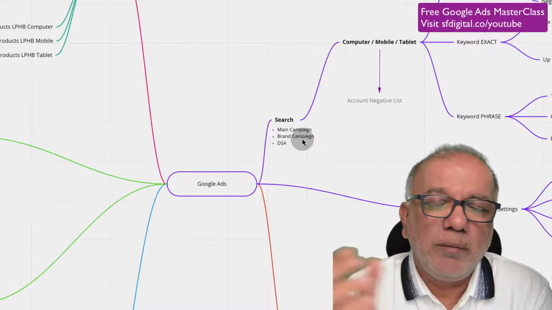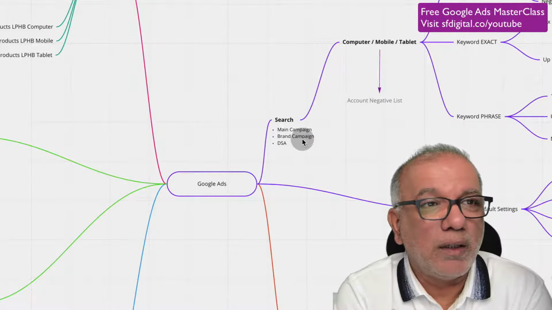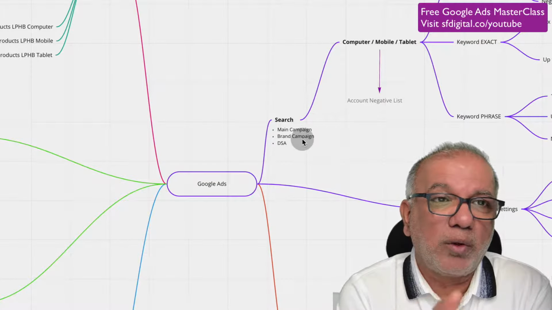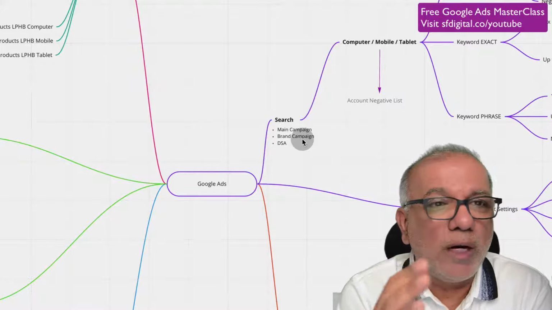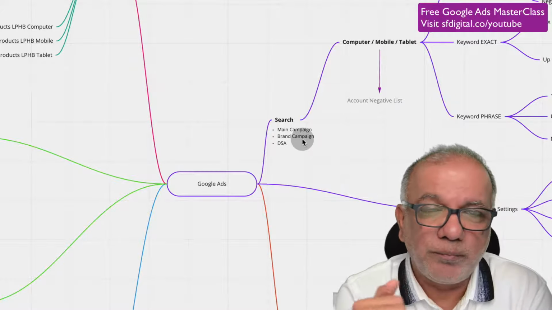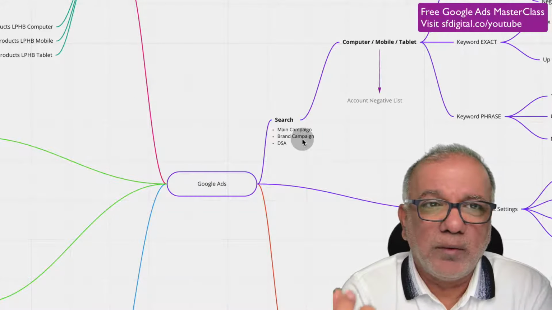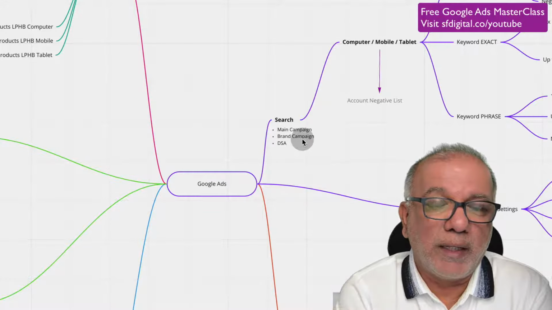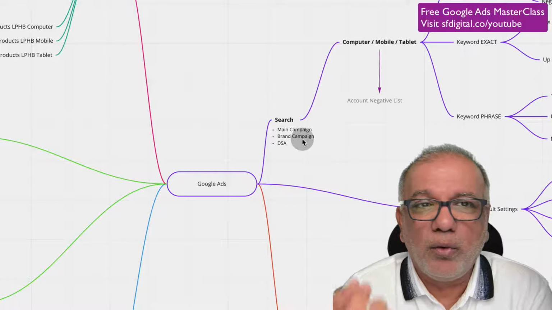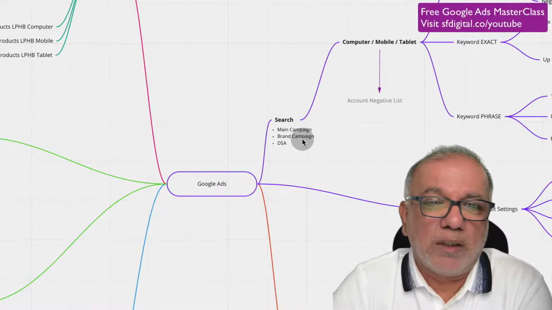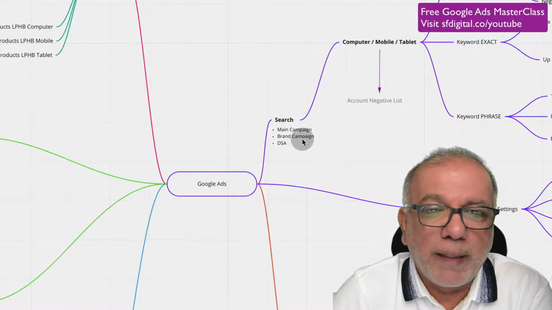Your clicks may be a little bit expensive, but still the intent is there. If somebody is searching for you, they are looking for you and your company. So why wouldn't you want to stay at the top? In most cases, the CPC for the brand campaign is very low, and I would highly recommend that you run a brand campaign.